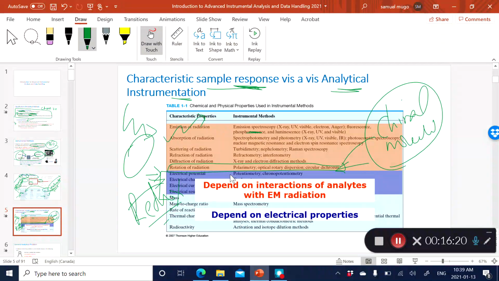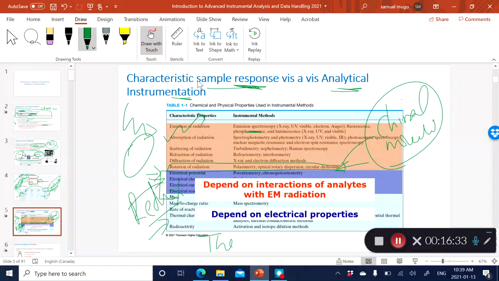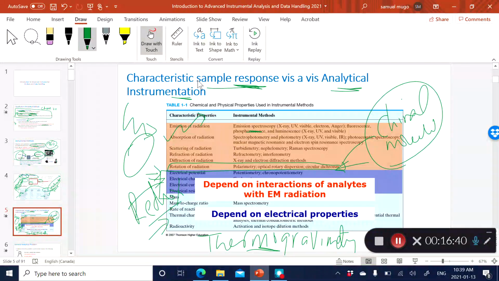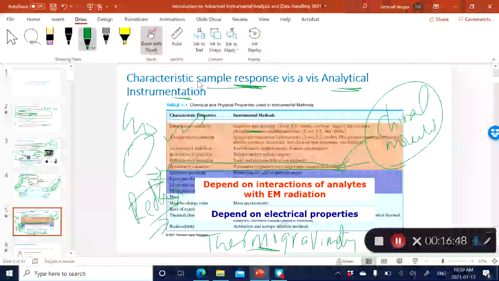But you can also use thermal energy, and thermal energy is just something like heat. You can have techniques such as thermogravimetry, and this is where you use heat, or simply an oven, and you use that type of energy to induce changes on the chemical species.